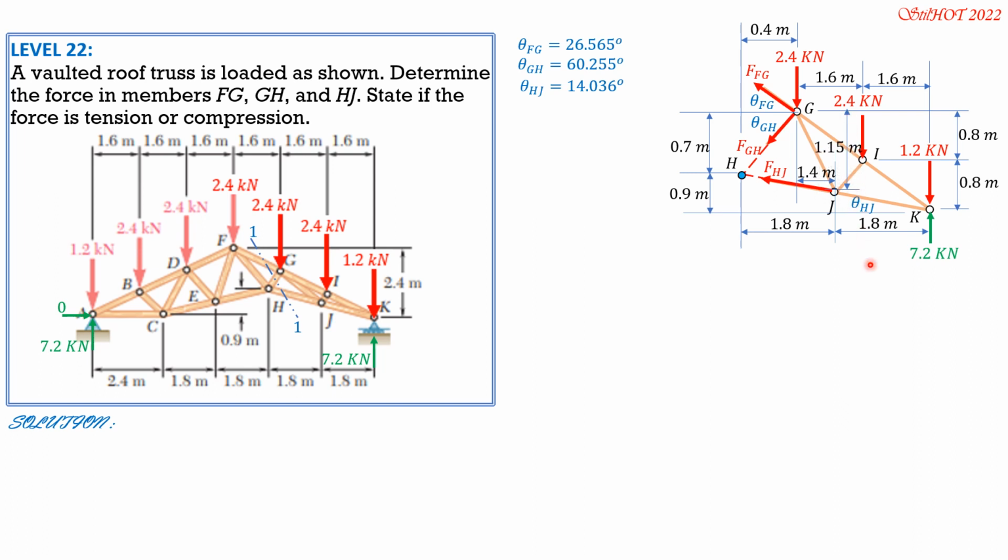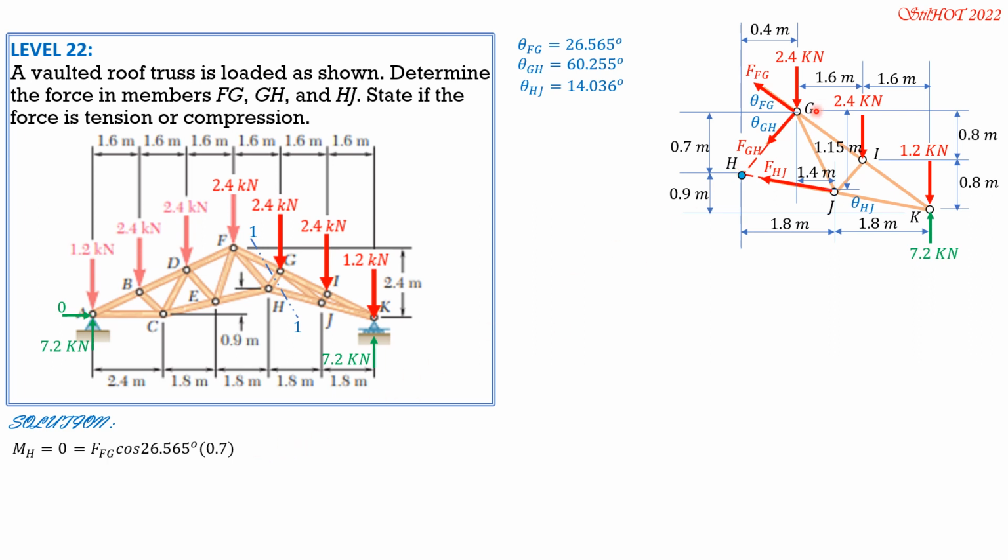So this is 1.15. We now set moment at H equal to 0 to solve for FFG. Counterclockwise positive. The horizontal component of FFG is counterclockwise: FFG cosine of 26.565, then the moment arm is 0.7.